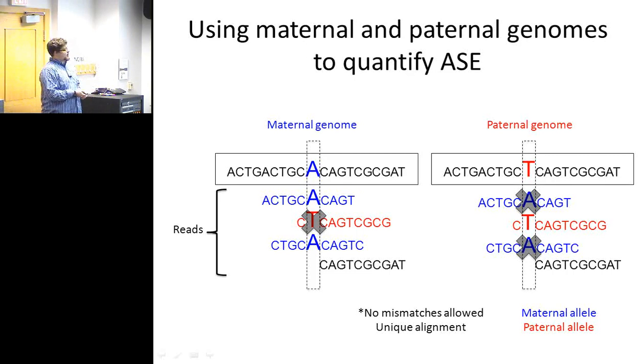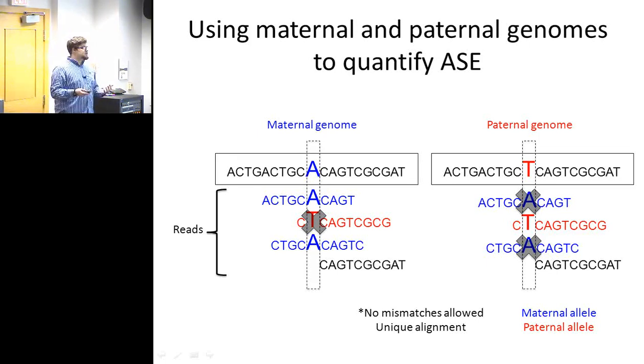And similarly, reads colored in black are those that align equally well to both genomes. And so, again, these contribute to a gene's total level of expression, but not allele-specific expression. And here I'm also enforcing unique alignment.